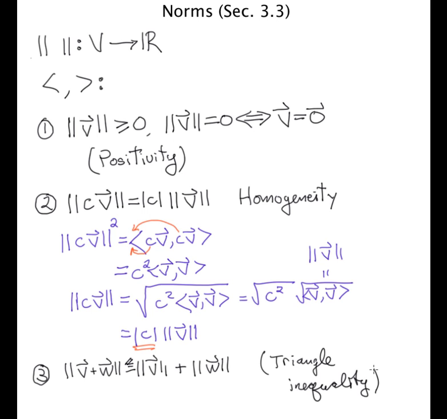So if you have an inner product and associated to that is a norm coming from that inner product, it satisfies these three conditions: positivity, homogeneity, and the triangle inequality.